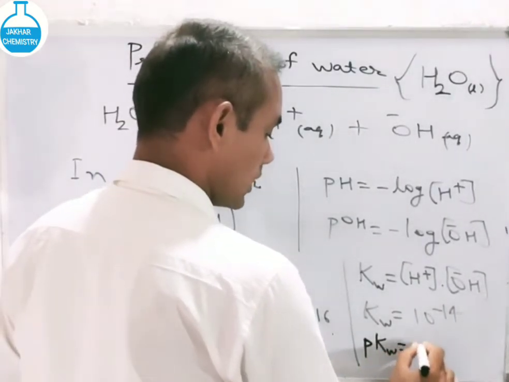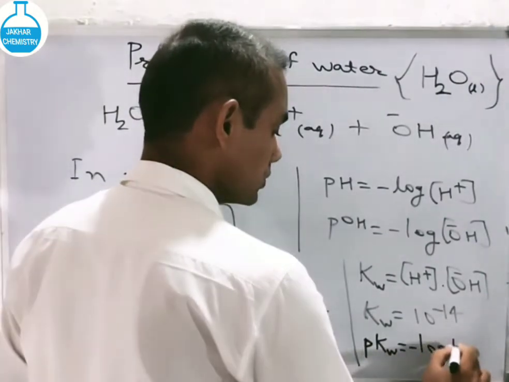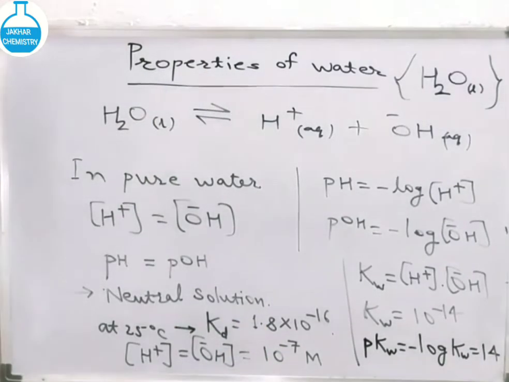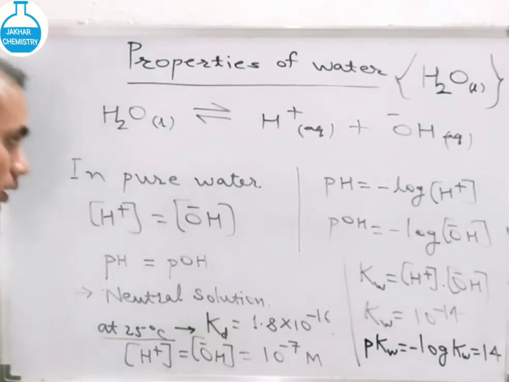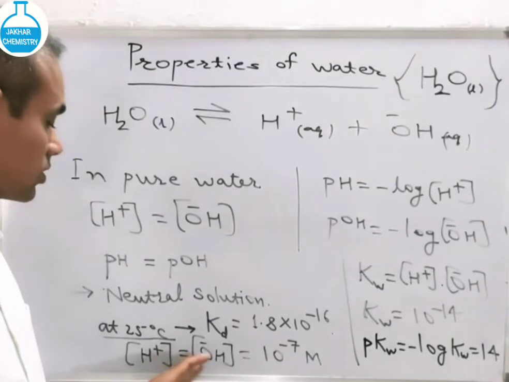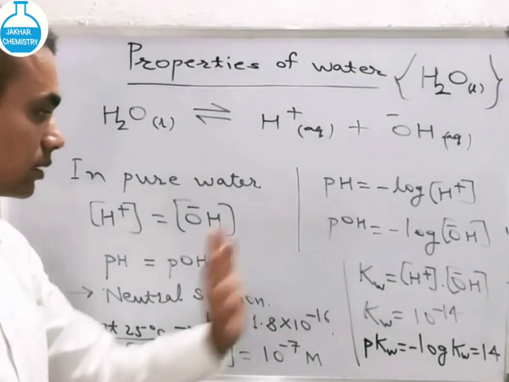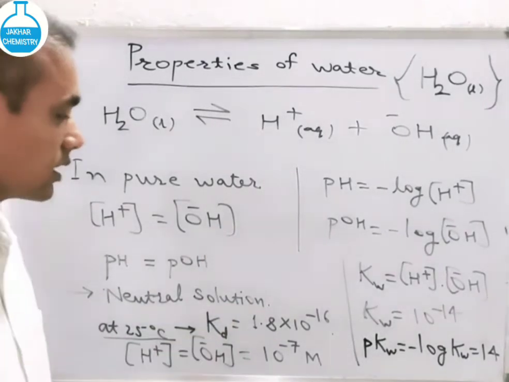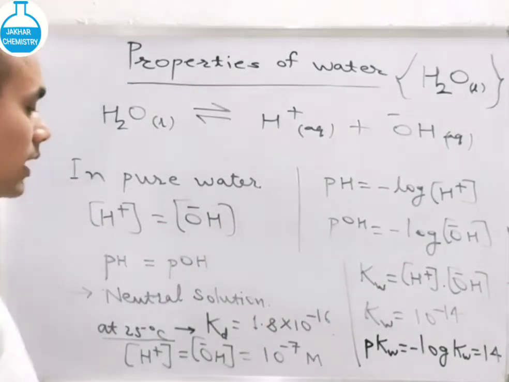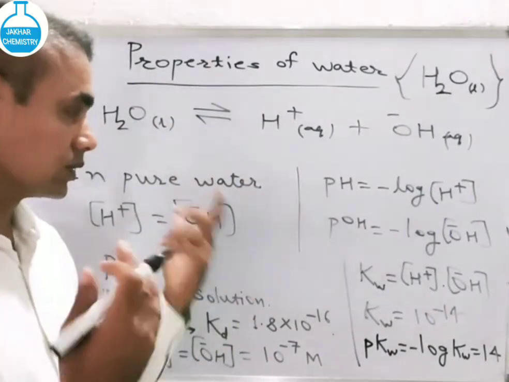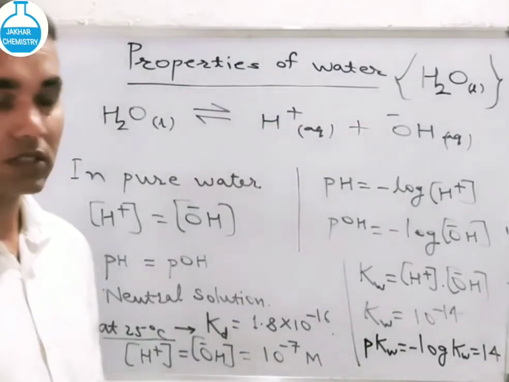Actually pKw is minus log of Kw, and this will be 14 at 25 degrees centigrade. Do remember, these values for concentration of hydronium ion, hydroxide ion, Kd and Kw are applicable at 25 degrees centigrade only, because when we change the temperature, equilibrium constant will change, and the degree of dissociation of water also will change, and concentration will be changed.